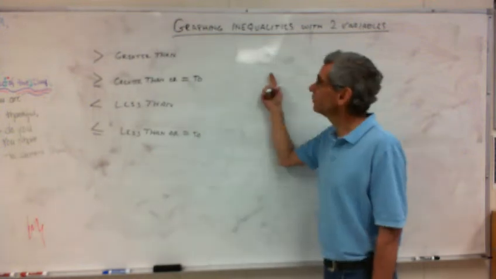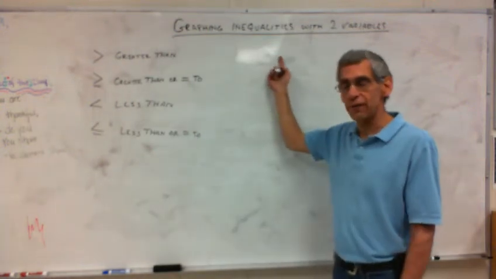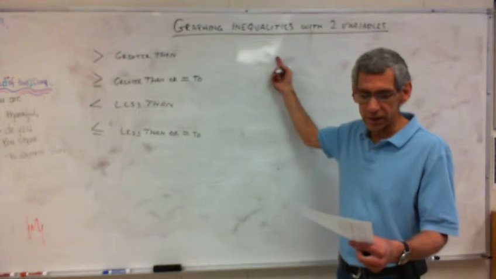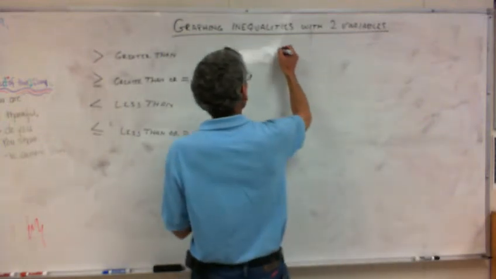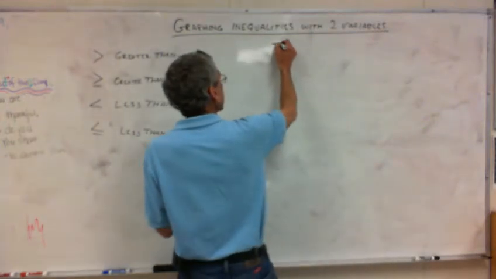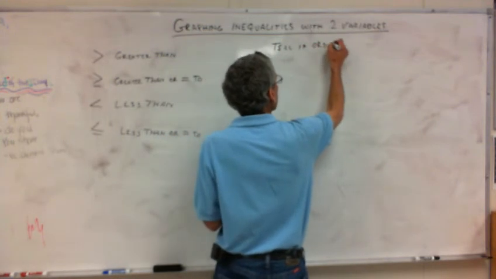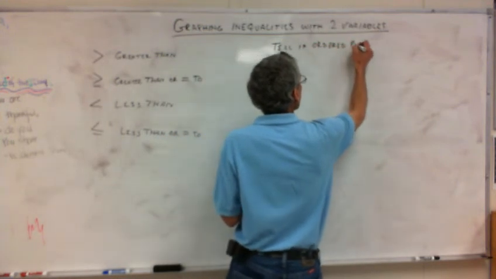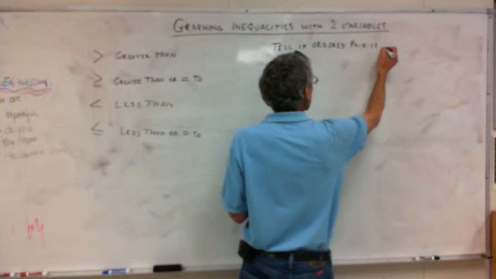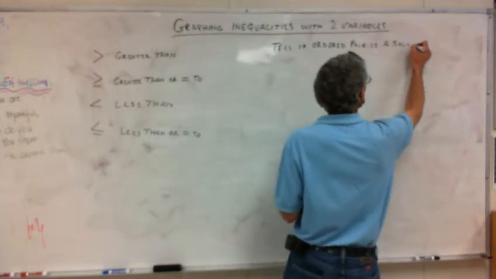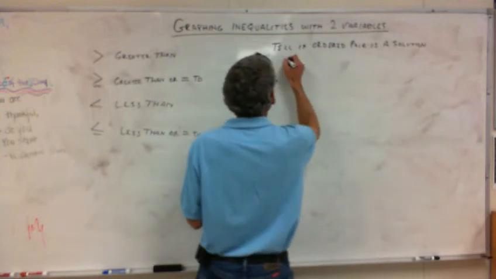But even before we go into graphing, because on the homework you're going to get something that says this. An example would say, tell if the ordered pair is a solution to the inequality.